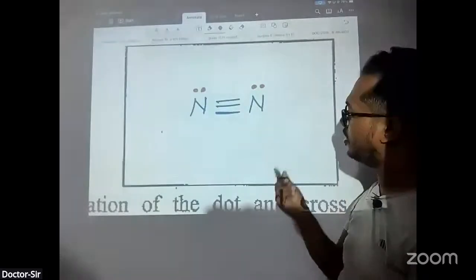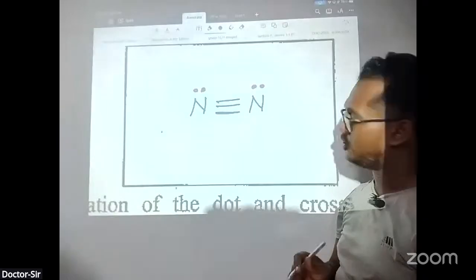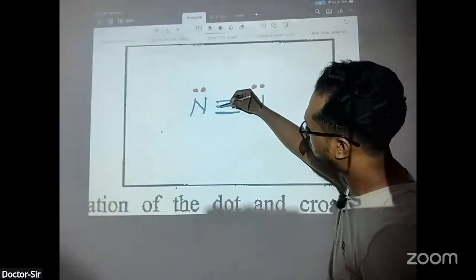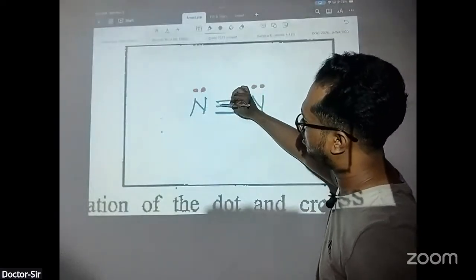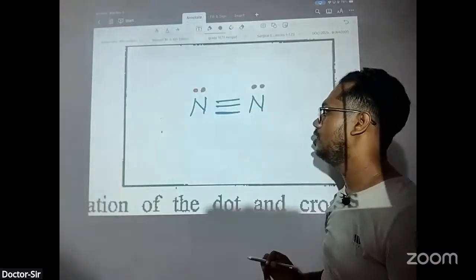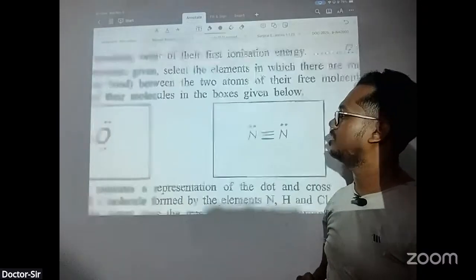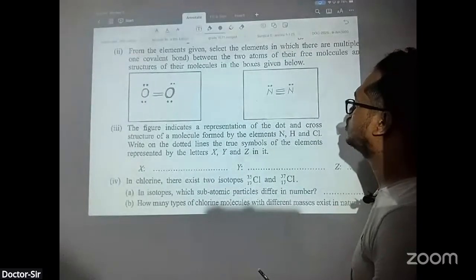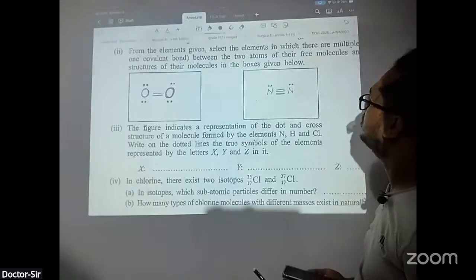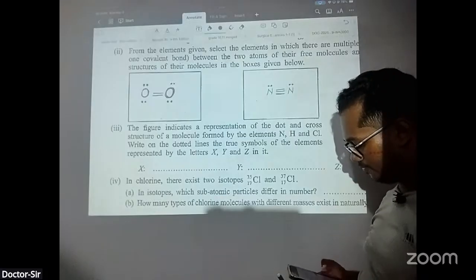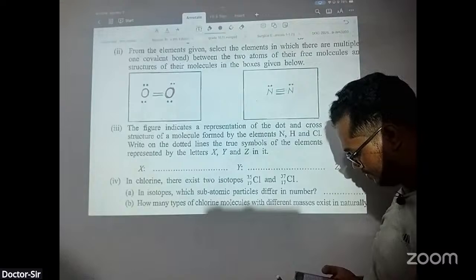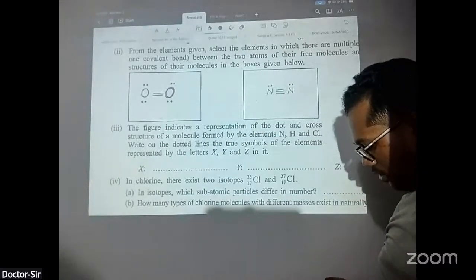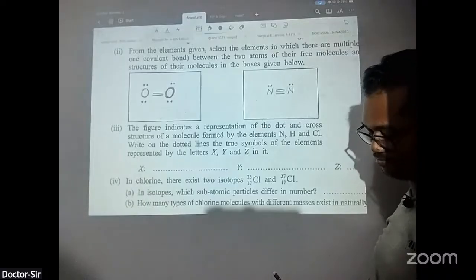So each nitrogen completes 5: 1, 2, 3 from the bonds, and another 2 electrons here. So the completed structure is like this. If you draw these 2 Lewis structures correctly, you can score 2 marks.